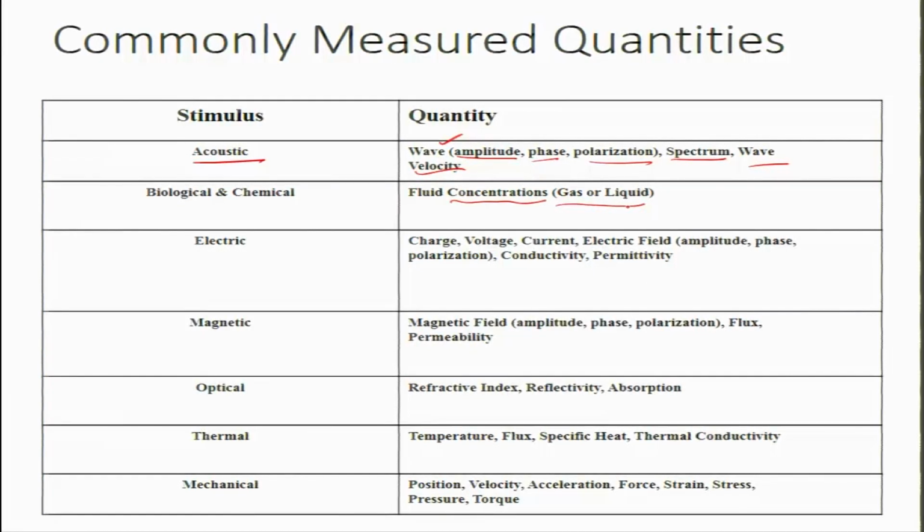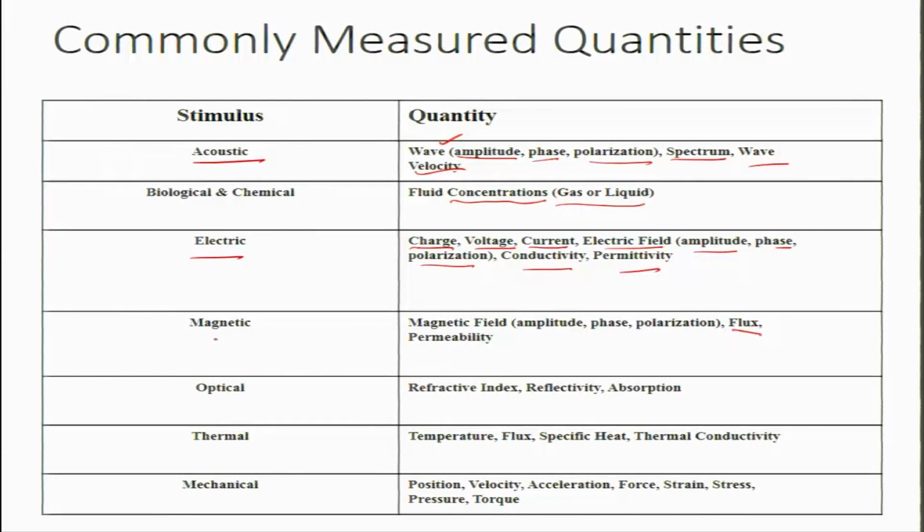When we talk about electrical stimulus, this could be in terms of a charge, a voltage, some kind of current, electric field. Field could have again amplitude, phase or polarization aspects. You could talk about conductivity, permittivity, and so on. When we mention magnetic, the quantities that we are measuring are typically the amplitude, phase and polarization of the magnetic field, or the permeability of the material or the medium, or even the magnetic flux sometimes.